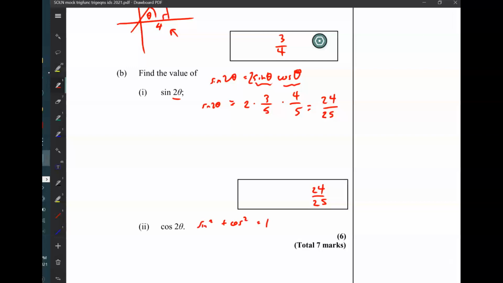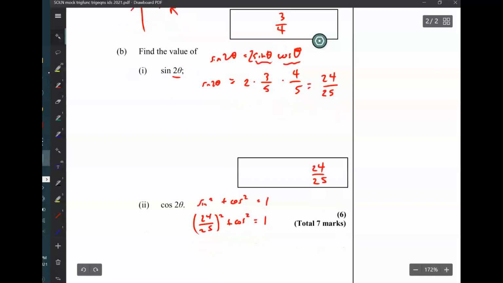So the sine squared would be 24/25 squared, and then cosine squared is unknown, and that's equal to 1. And we could use algebra to solve for cosine squared, and then we could take the square root and find the cosine. Okay, so that's one way, is to use the Pythagorean identity.